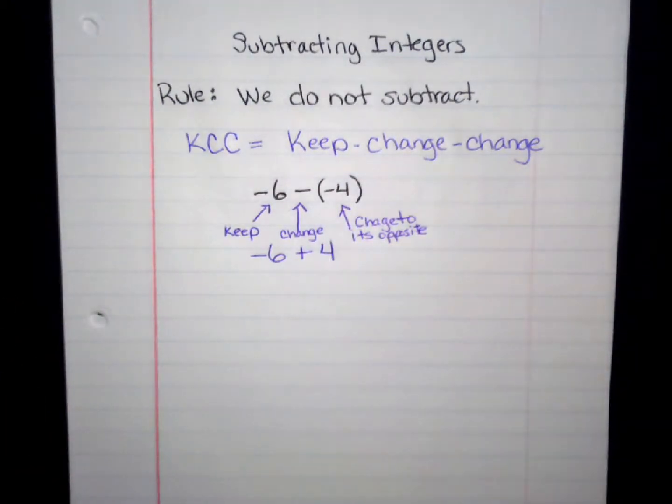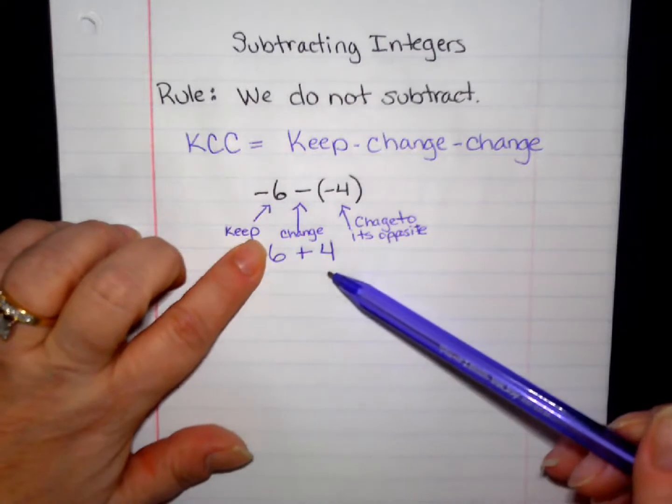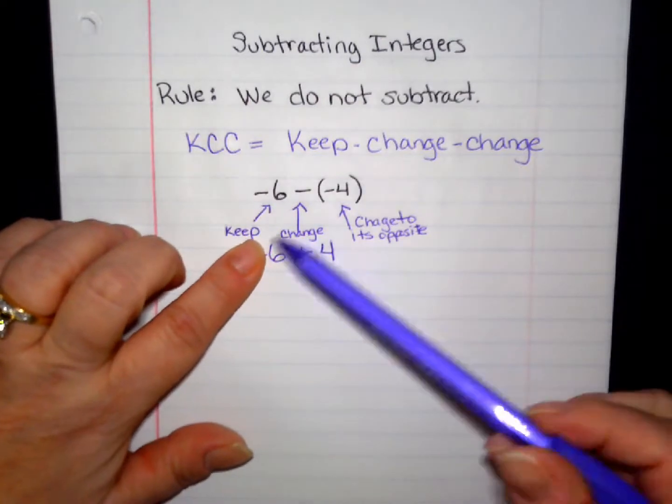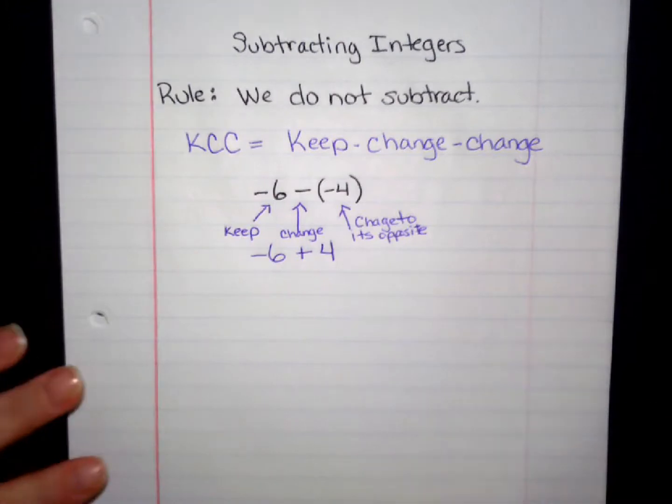Okay, now we have an addition problem, and now we just follow the rule for addition. We take the two numbers and subtract the smaller from the larger. So 6 minus 4 equals 2.